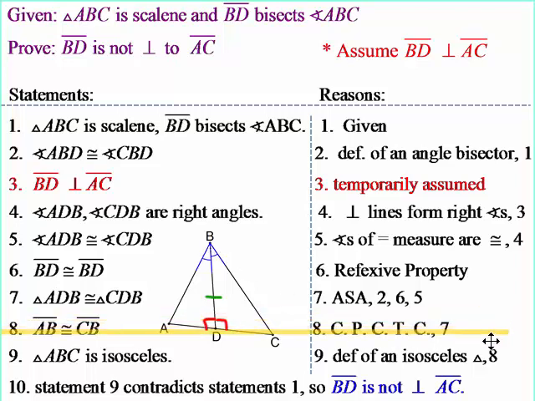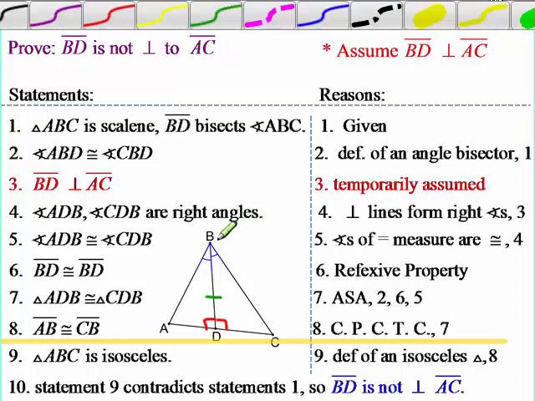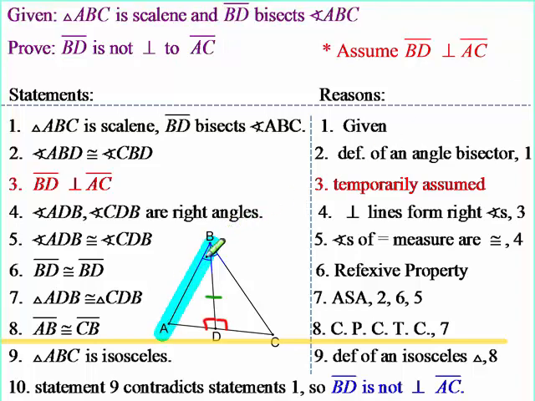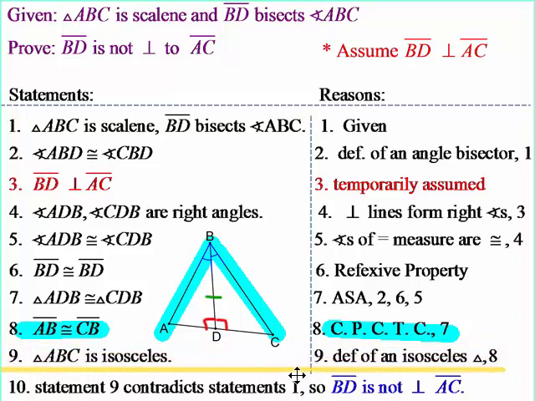And then we can say that that side is congruent to that side by CPCTC. Okay? Then triangle ABC has to be isosceles because this side is congruent to that side. Well, it can't be isosceles because we started out by saying that ABC was scalene.